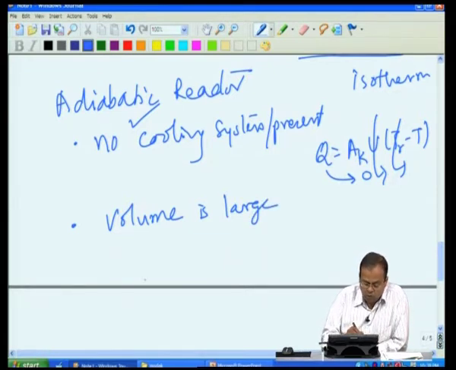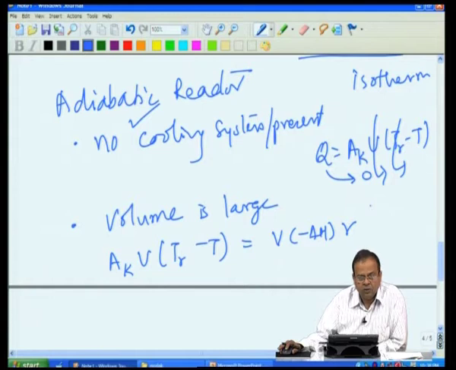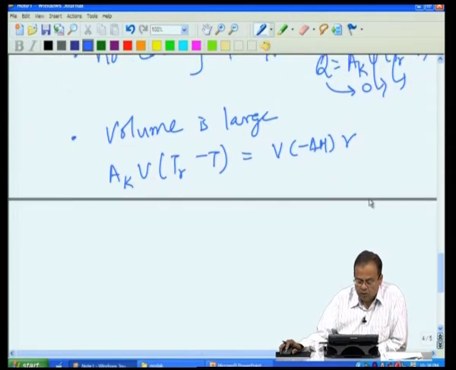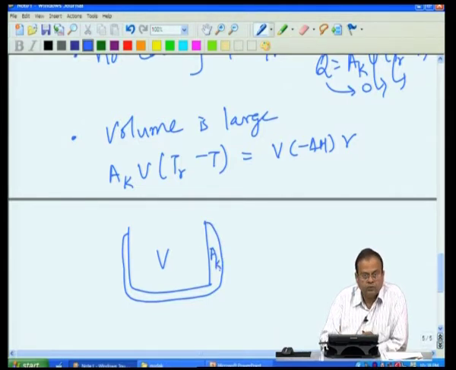Going back to our isothermal operation, we said that AKU into TR minus T is V into minus delta H into R. I am talking about a stirred tank reactor, but similar things can be said about other reactors. So, let us say that this is my reactor, this is my volume and this is what I am using to cool it. AK is the area of this.